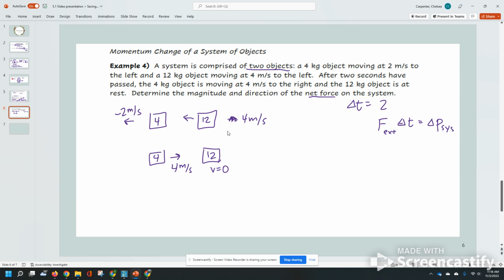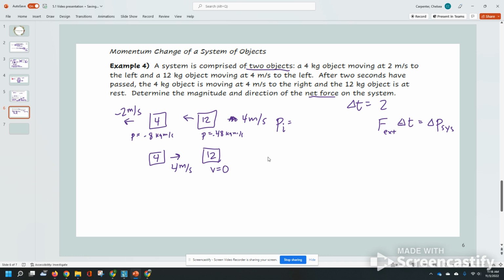From this first part, I can figure out the initial momentum just by adding the momentum of the 2 objects together. This first object has a momentum of -8, and this one has a momentum of 4 times 12, 48, negative.